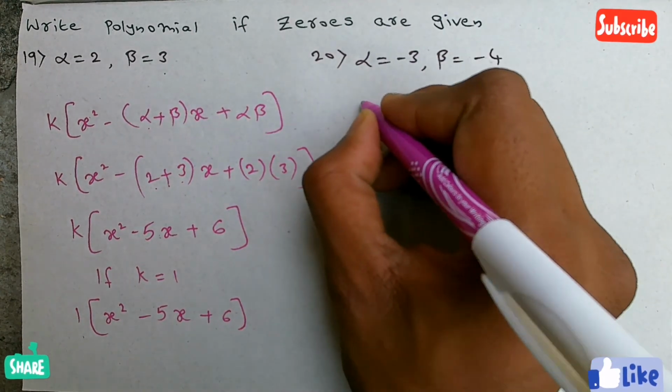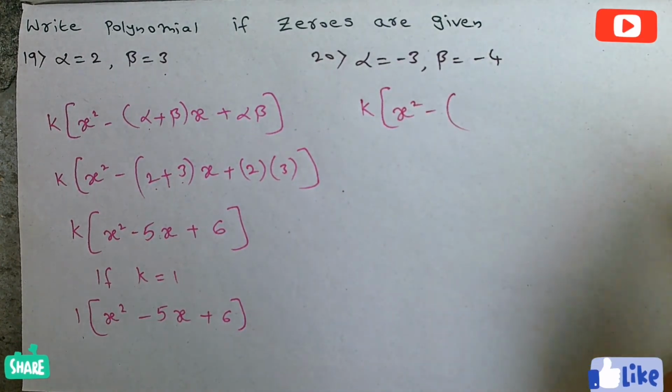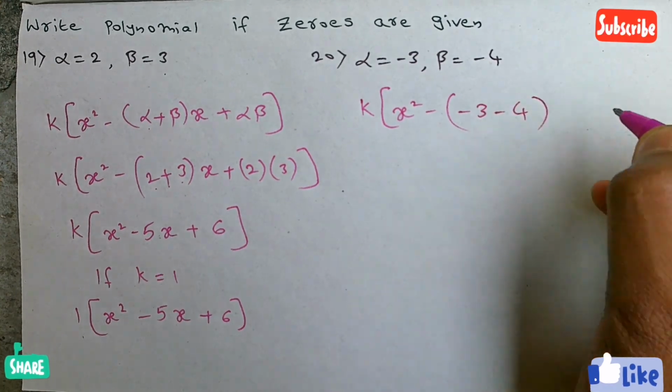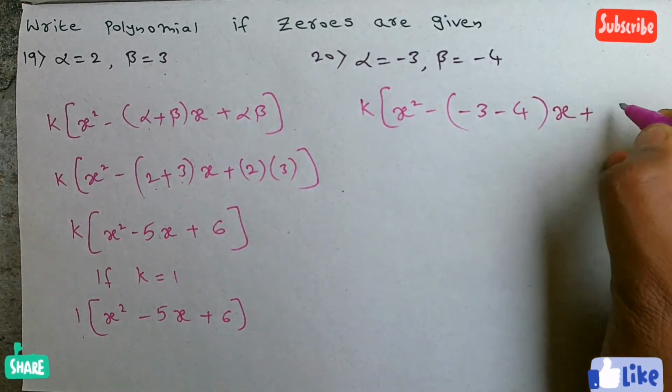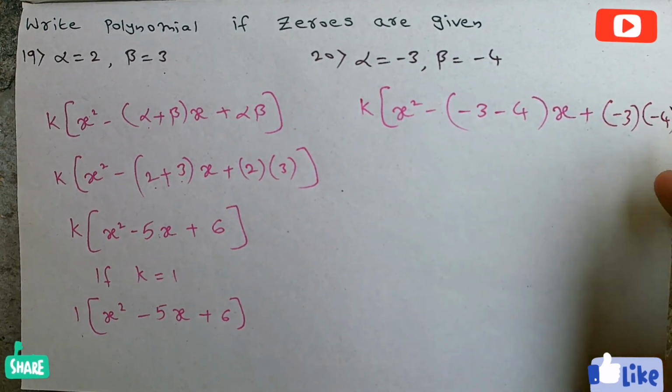So again let us substitute in the formula. K into x square minus alpha plus beta. Alpha is minus 3, beta is minus 4, into x plus alpha into beta. Alpha is minus 3 into beta is minus 4.